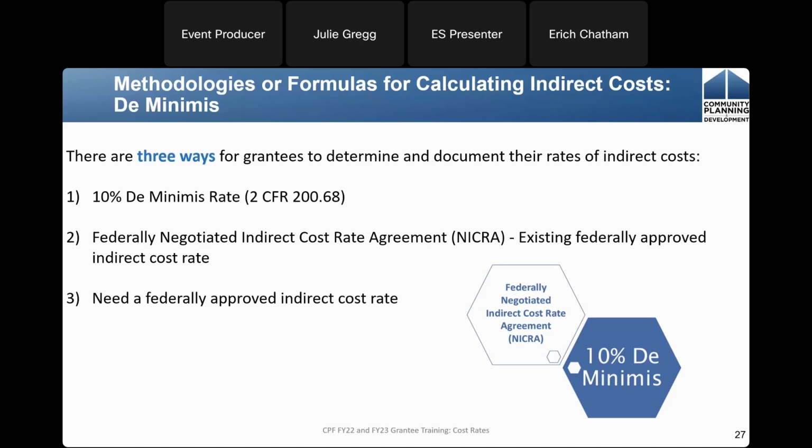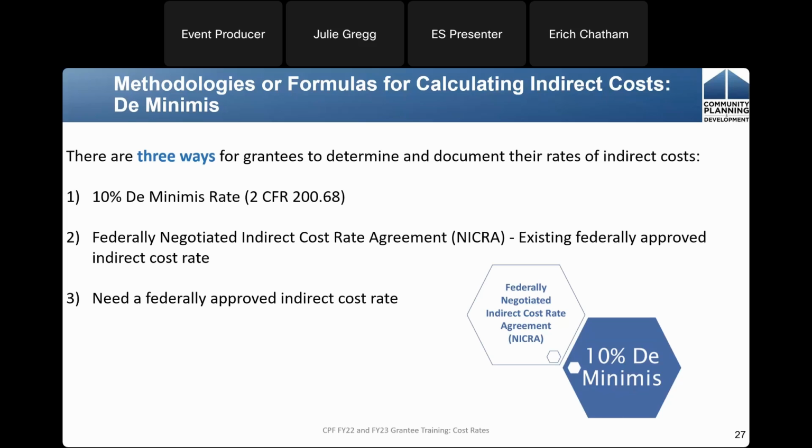Or you could already have a federally negotiated indirect cost rate agreement, NICRA. I'll show you some examples of those. Some of our local governments or larger nonprofits may already have those. If that's the case, you are allowed to use existing federally approved indirect cost rates. The third option would then be to establish a new federally approved indirect cost rate.